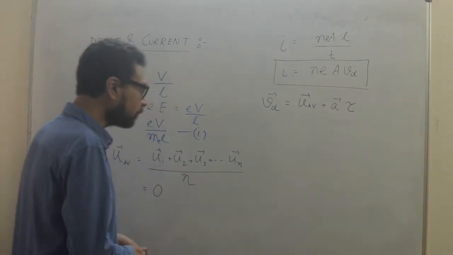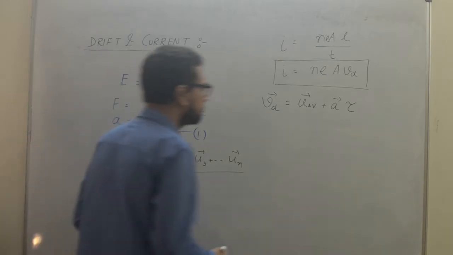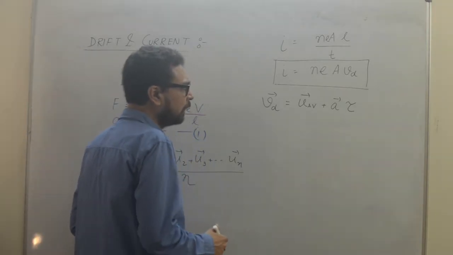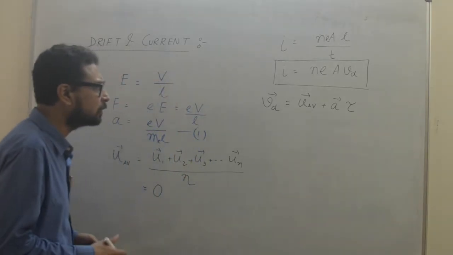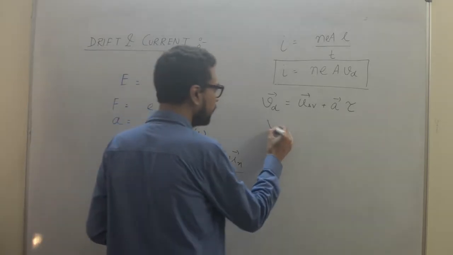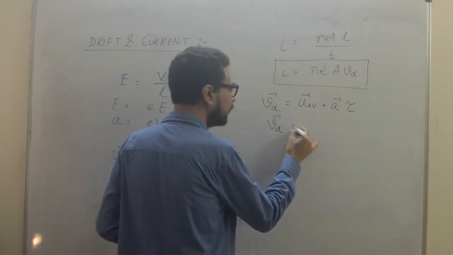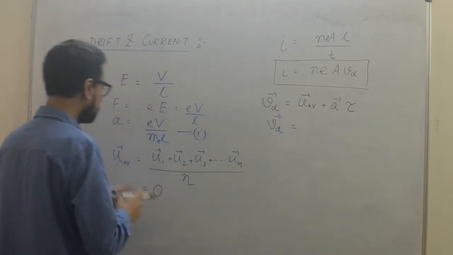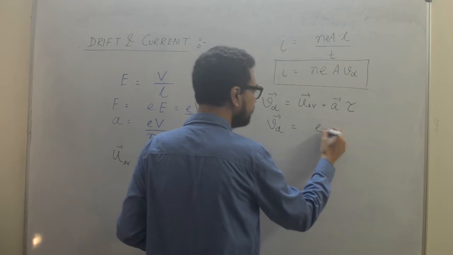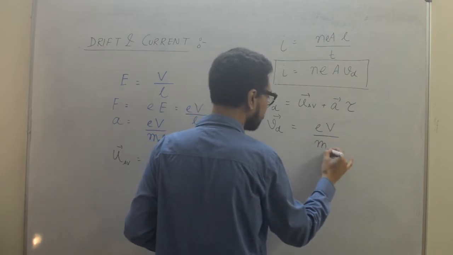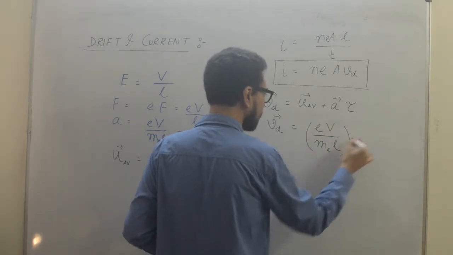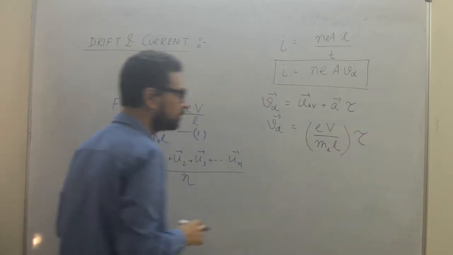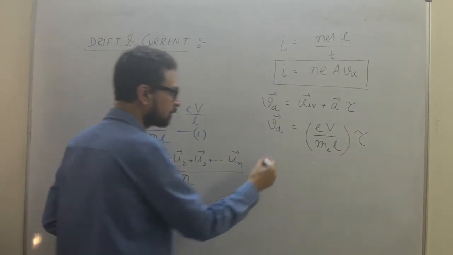Okay, and now we can actually find out the drift velocity, because we have all the things together here. This is 0, so the acceleration is this, so we can write eV by m_e into L. This is the acceleration, into tau, this is the v_d. Alright, now what is current?